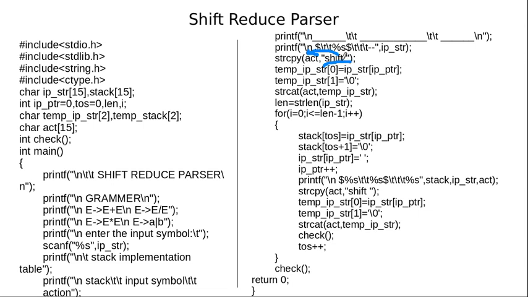Shift, which thing am I going to shift? The first symbol. My entire input symbols are held by ip_str. The first input symbol is where my current input pointer points, so initially I am setting my current input pointer value to 0.